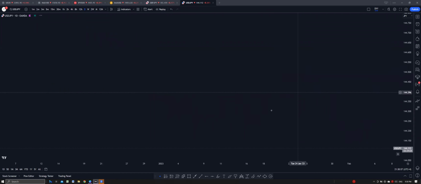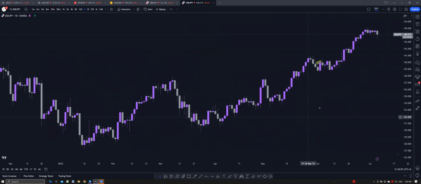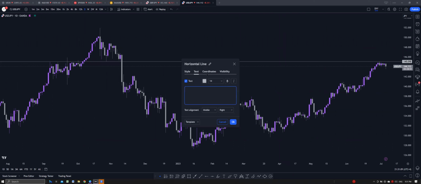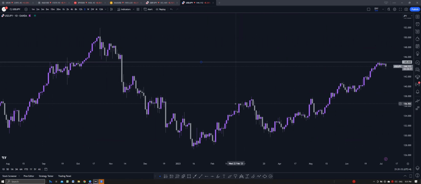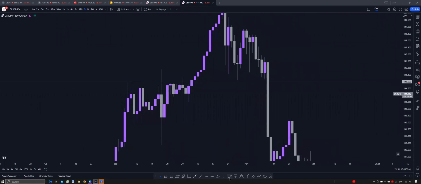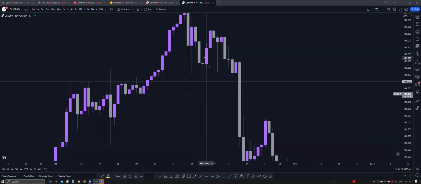Let's actually do something. Let's mark off just one zone of supply, a support or a resistance, and see if we can find one. So we have one at 145. And notice the zone. When price does come towards the zone, what happens? You see this candle here?